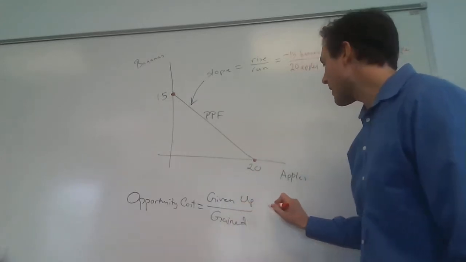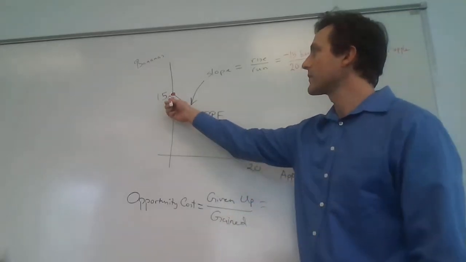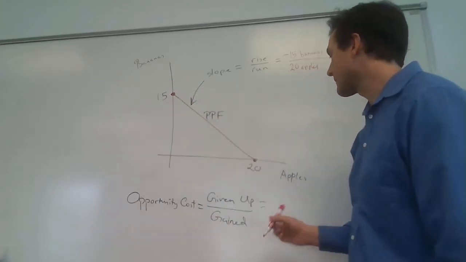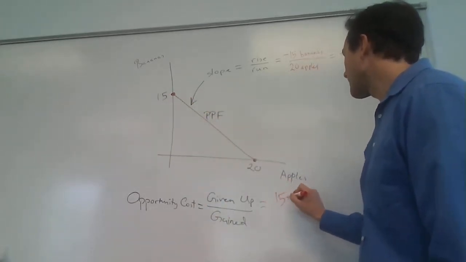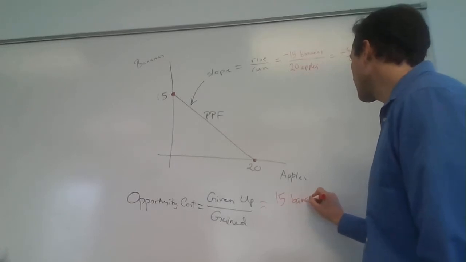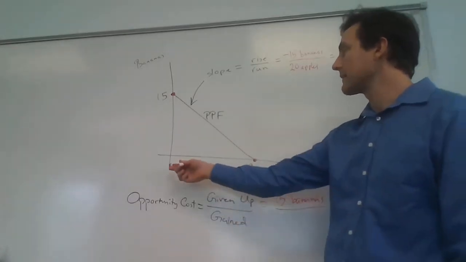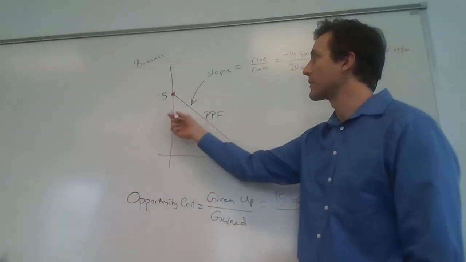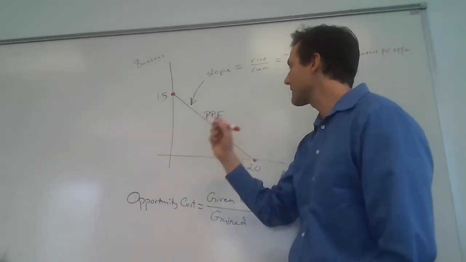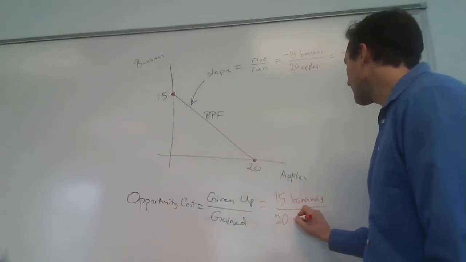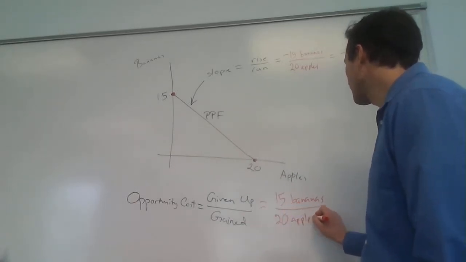What we give up is 15 bananas, and we gain 20 apples.